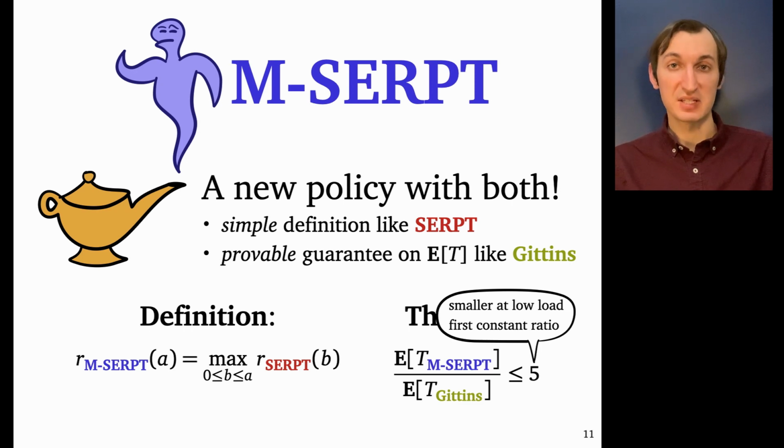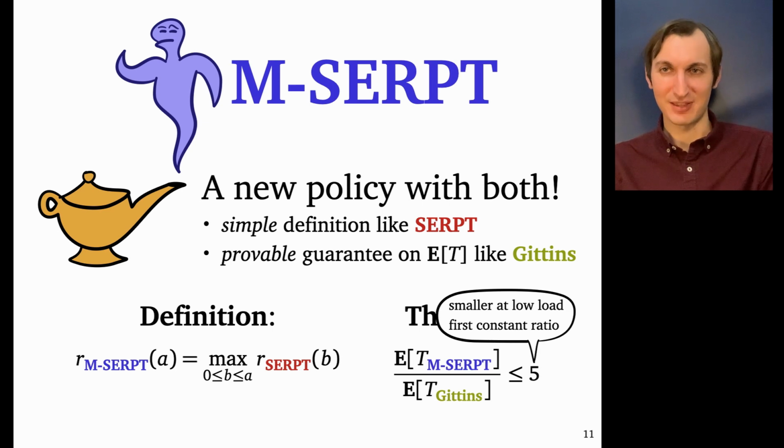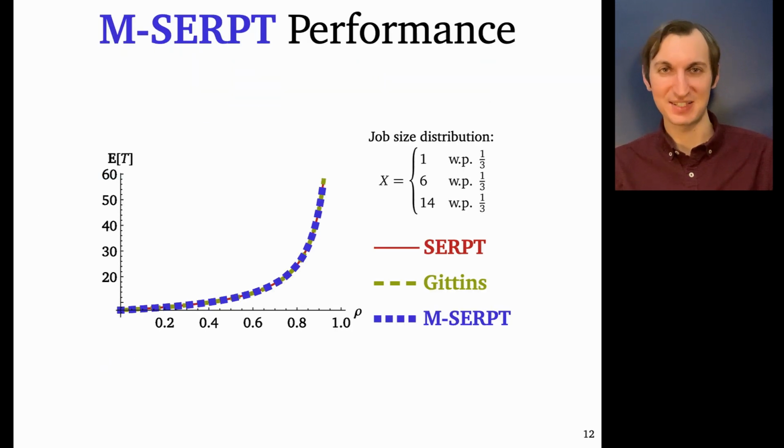So this is a significant technical contribution to be able to do this. And finally, it turns out that M-SERPT is often a lot better than a factor of 5 away from Gittins. So on our favorite example, our 1,614 example, all three of SERPT, Gittins, and M-SERPT have very similar performance.